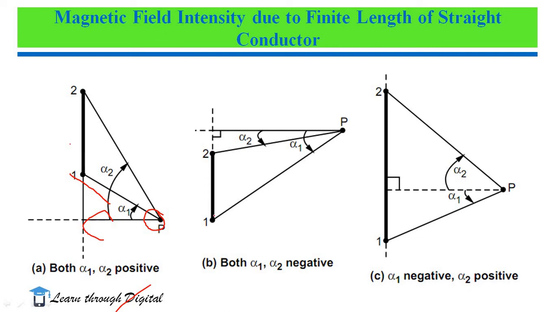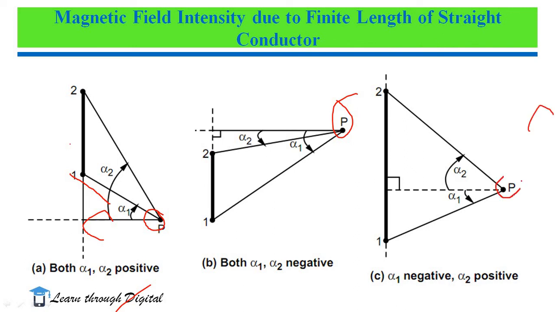In figure B, P is above the upper end of the conductor. Here the observation point is above the upper end of the conductor. Therefore alpha 1 and alpha 2 both are negative. Suppose the point P is midway between points 1 and 2.